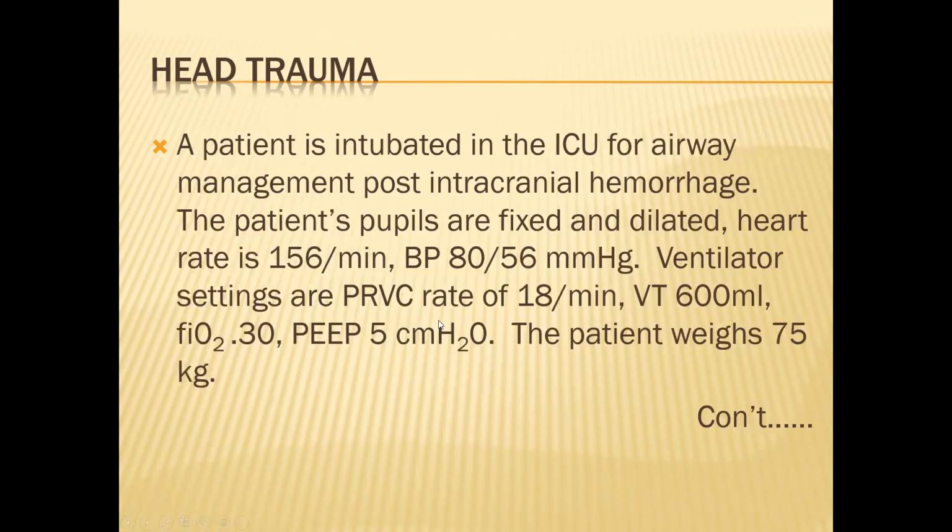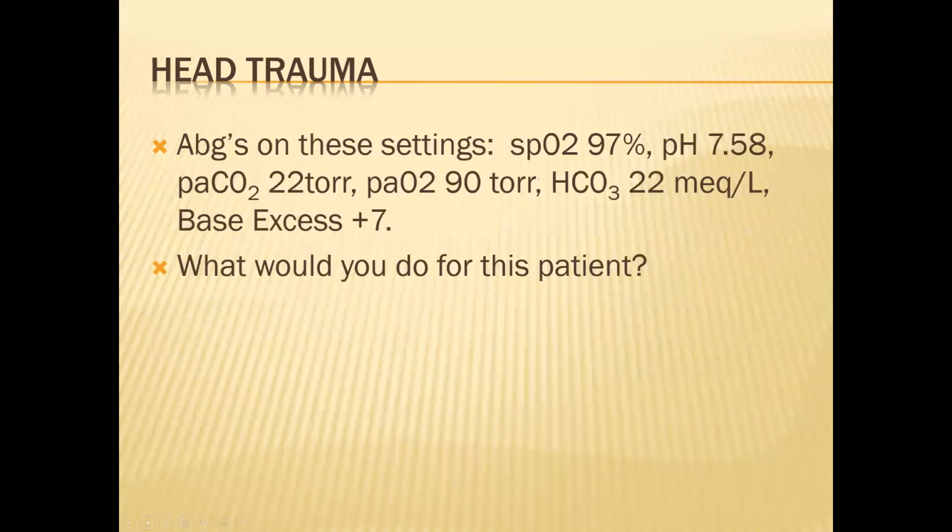So you just make vent changes? Oh, it says no, continue doesn't help us, right? So we would just adjust the ventilator settings. Do we want to keep the patient alkalotic to improve brain damage?